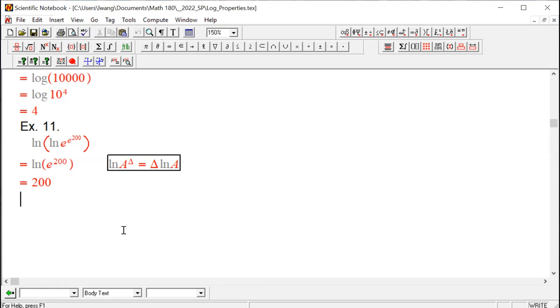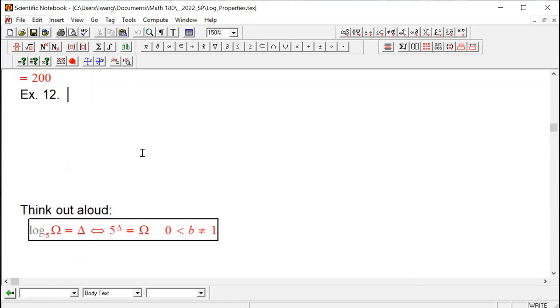Let's look at another one. Example number 12. This one is e raised to the power of -2 of ln 5.